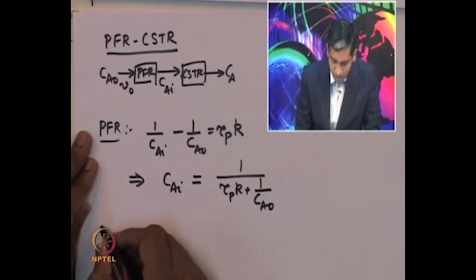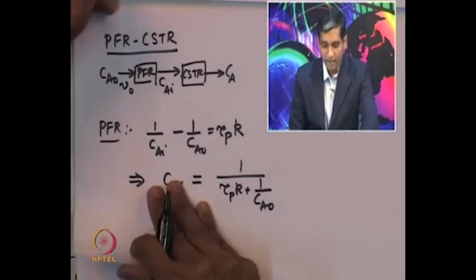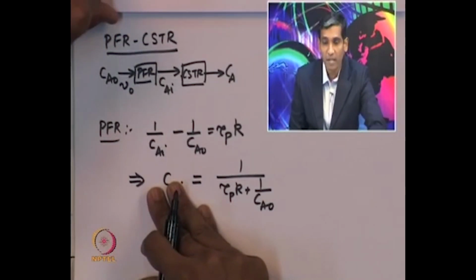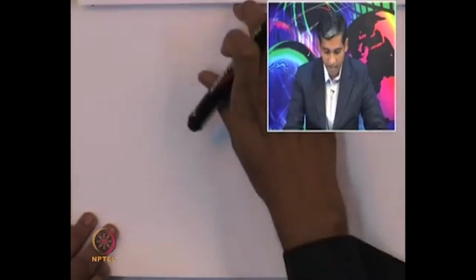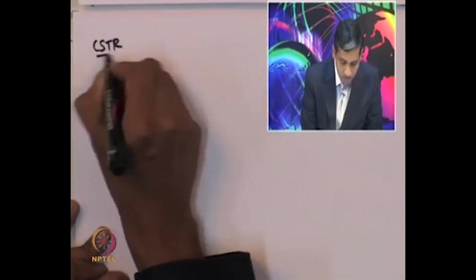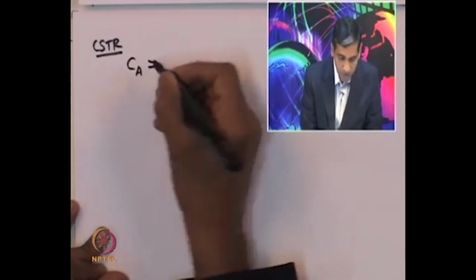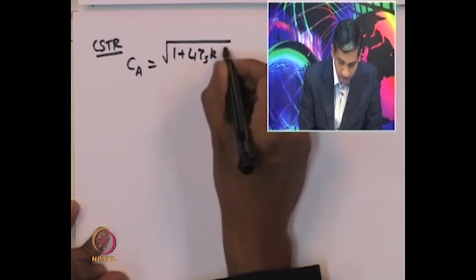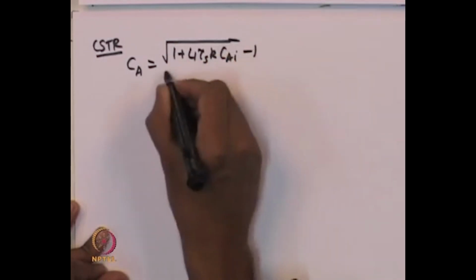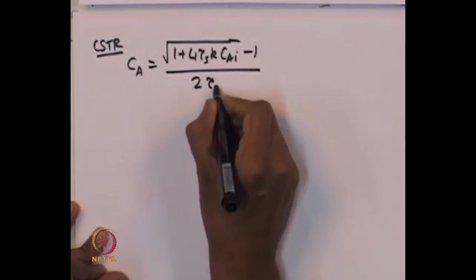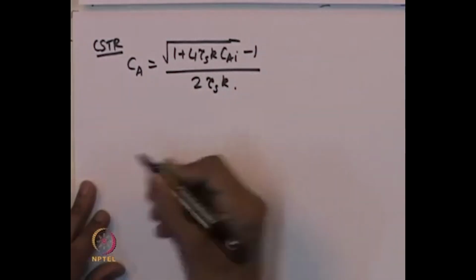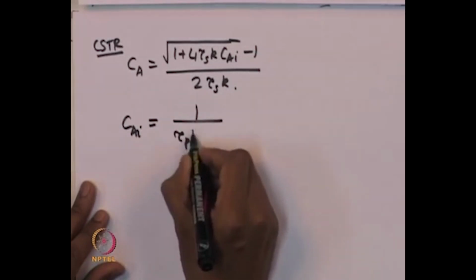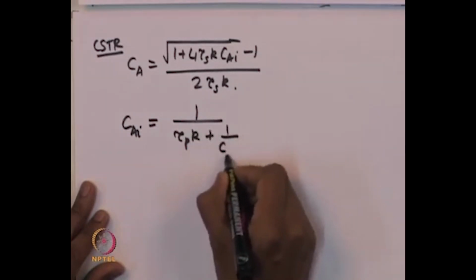Now, from the mole balance of the CSTR, we can actually find that C A is equal to square root of 1 plus 4 tau s k into C A I minus 1 divided by 2 times tau s into K, where C A I is actually given by 1 by tau p into K plus 1 by C A naught.